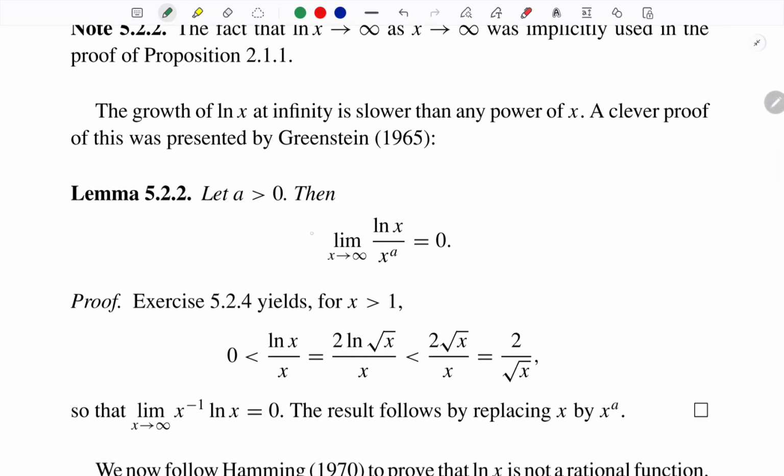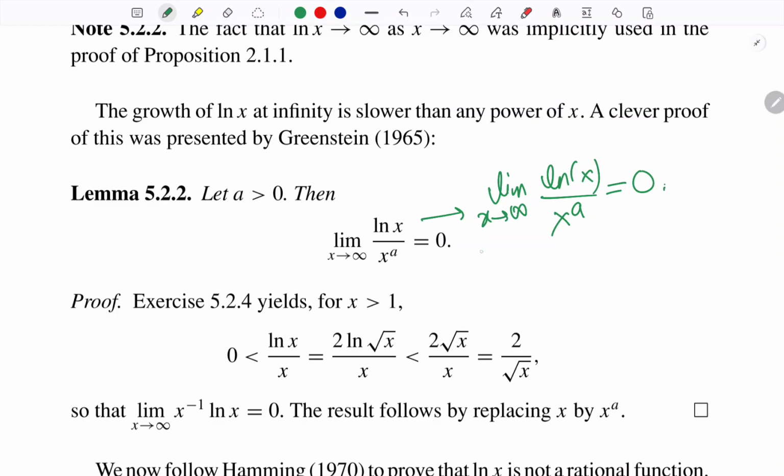And let's have a look at this. As x tends to infinity, the limit of ln of x over x to the a is 0. How, dude? When you plug in x as infinity, let's use L'Hopital's rule to make our life easier.